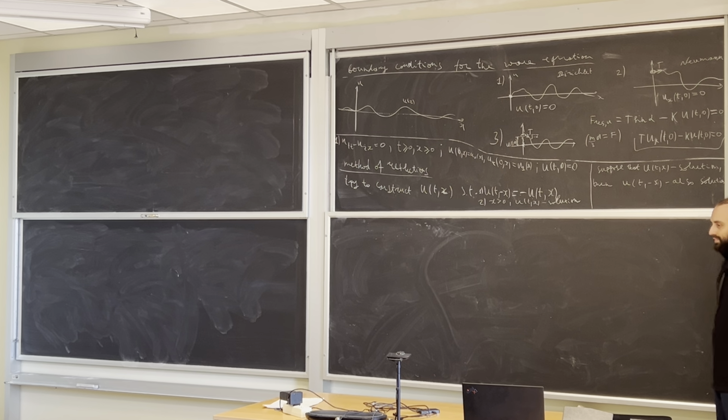Let us say that we are defining some u tilde of t and x, which is defined on the whole line. So here we define it this way. This u tilde acts on R greater or equal 0 times R.